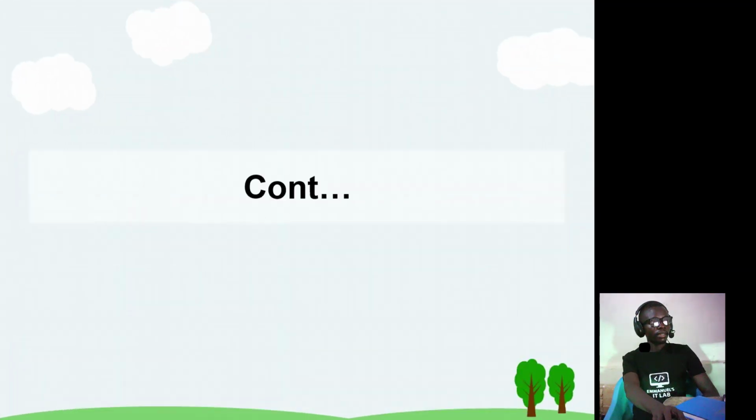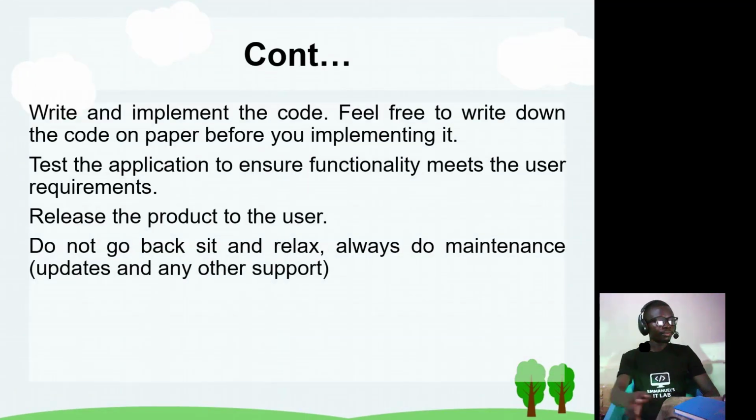So another key thing to look out for here: write and implement the code finally. So here, before you write the code, feel free to write it down on paper, before you go on the PC to write. Test the application to ensure functionality meets user requirements.